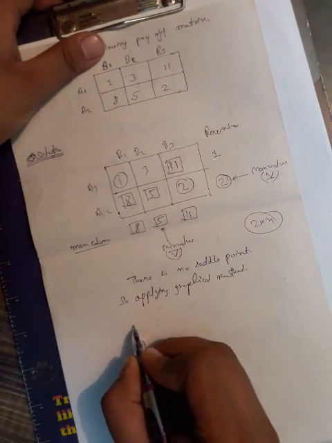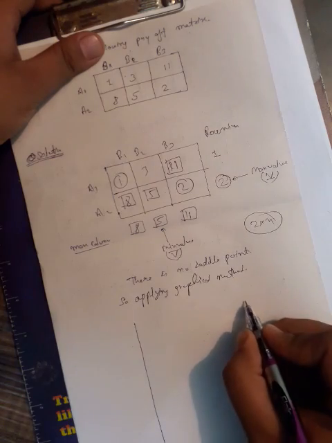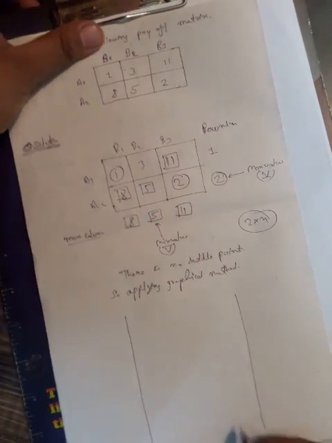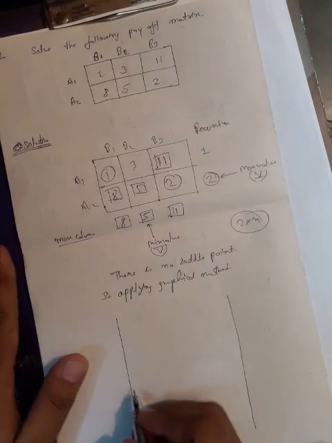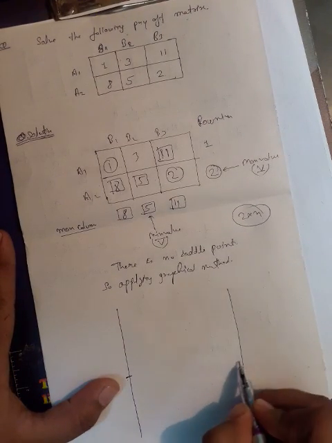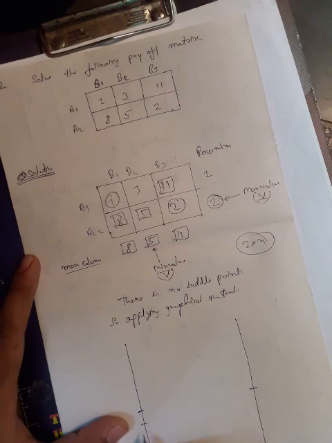Draw two lines, one line here and one line adjacent to it. It can be of any length. Length doesn't matter here, but the reference point of both lines should be the same. So mention it.